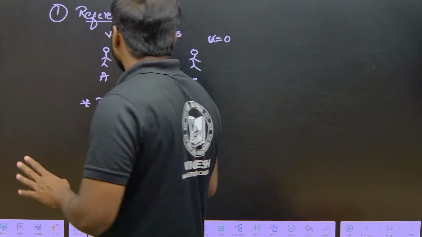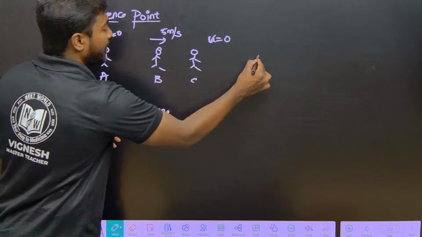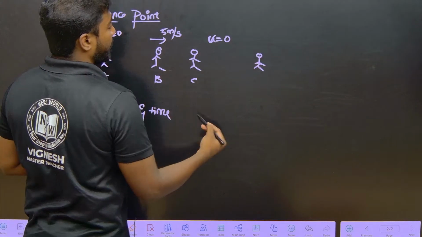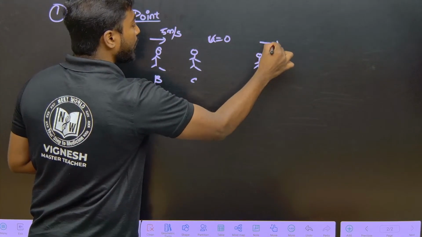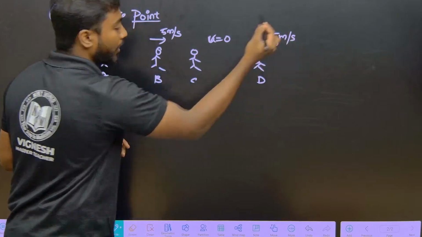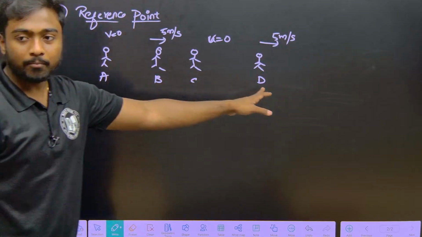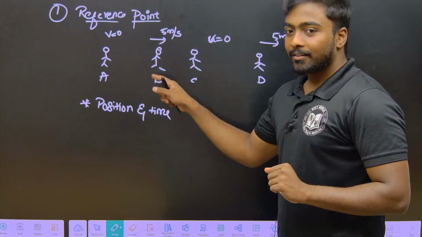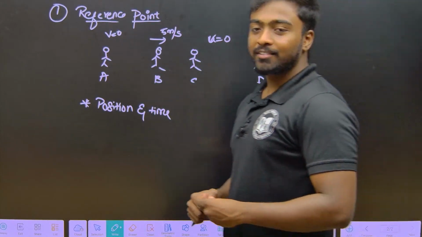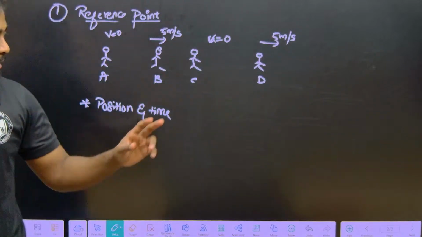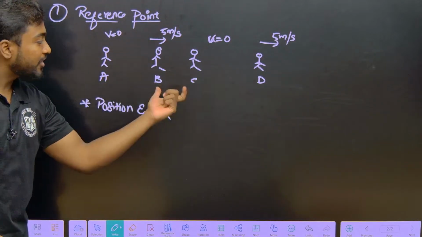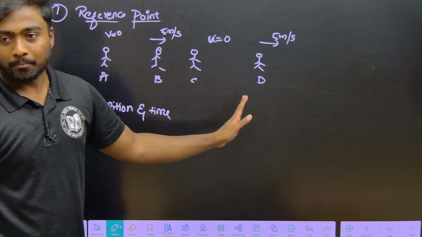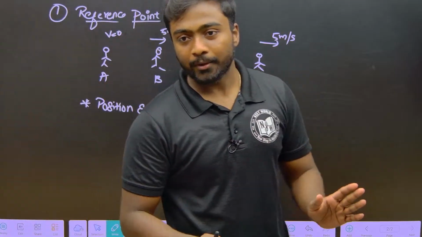The same, like one more person I will take. Person D is moving with 5 meter per second. Now I will talk about B and D. What can we say about B and D? They are at rest because they are moving at equal speed and the distance between them is not changing.